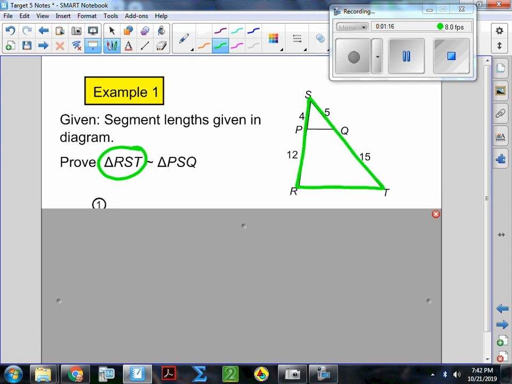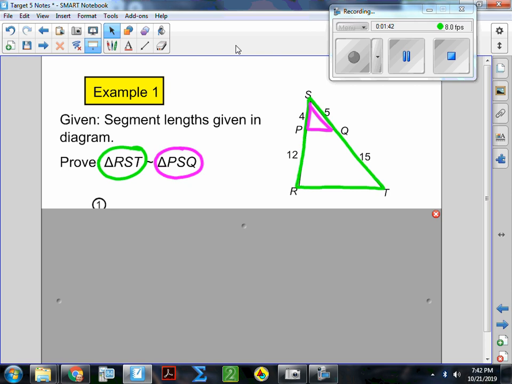So RST is there in green, and then PSQ in pink. So little pink triangle, big green triangle. It says segment lengths are given in the diagram. So that means I know SP is equal to 4, SQ is equal to 5, PR is equal to 12, QT is equal to 15.